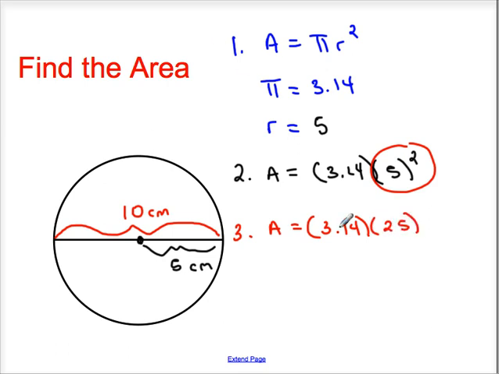And again, to get a rough idea of what my answer is going to be, if I just take 3 times 25, I should get an answer of 75. So your answer should be pretty close to 75. If we take 3.14 times 25, we actually get an area equal to 78.5 centimeters squared.